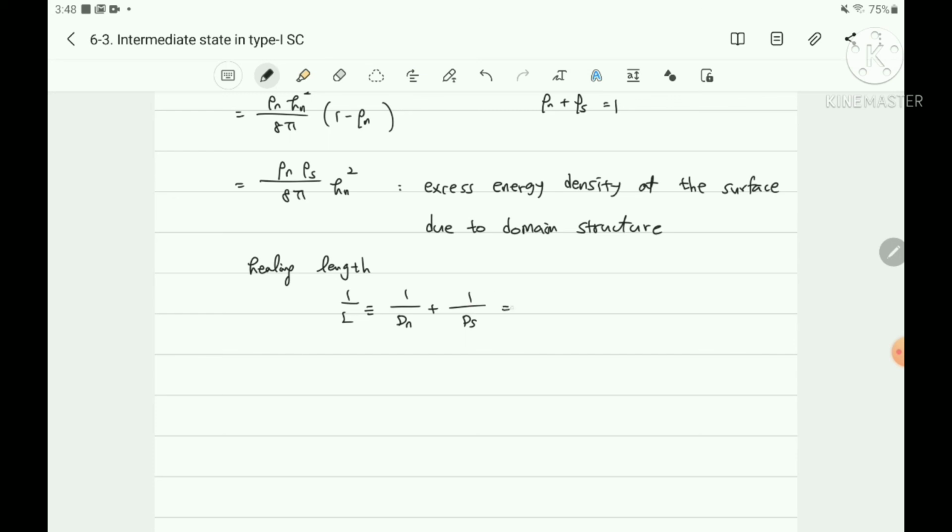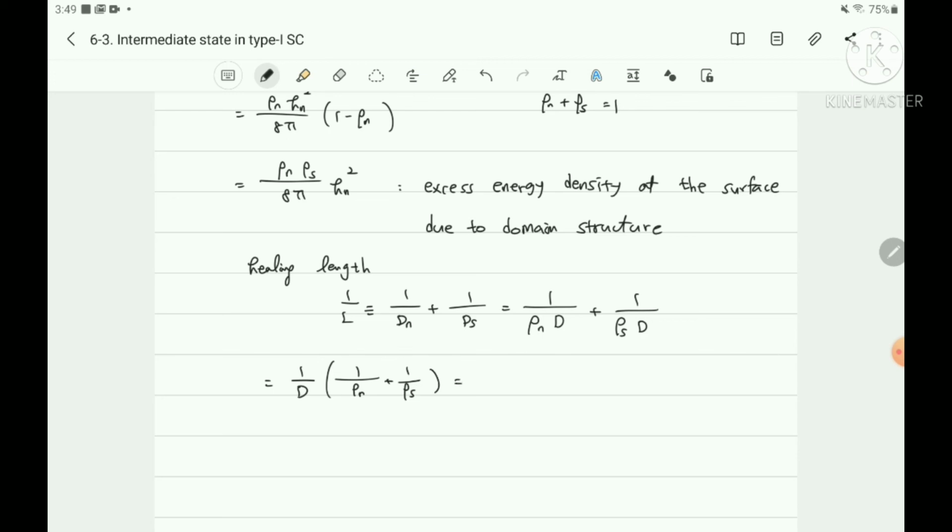Here dn means the total domain normal volume fraction, and ds means the total domain superconducting volume fraction, and therefore it is 1 over d times 1 over rho n plus 1 over rho s.